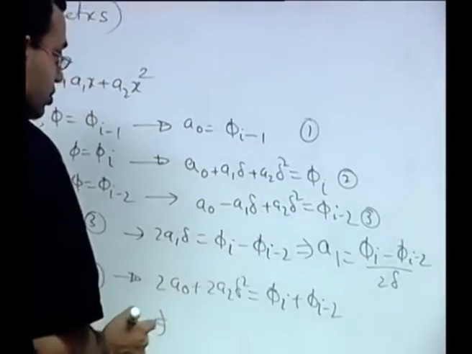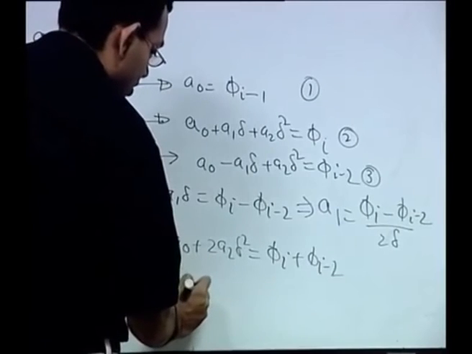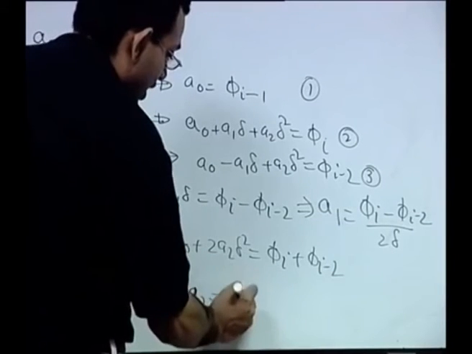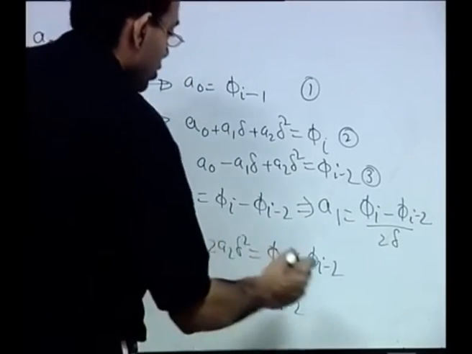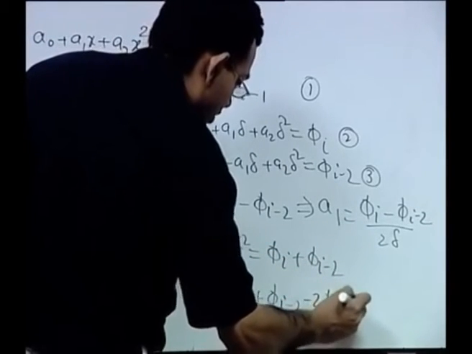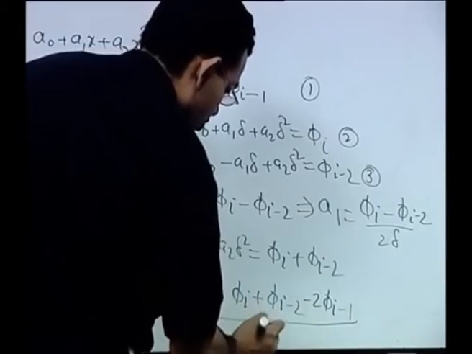So, a2 will be phi I plus phi I minus 2, minus 2a0 means minus 2 phi I minus 1, by 2 delta square.